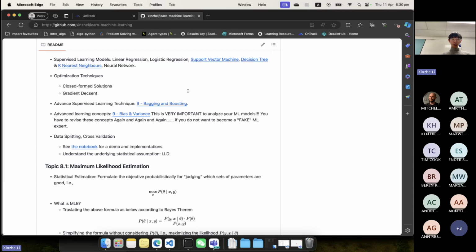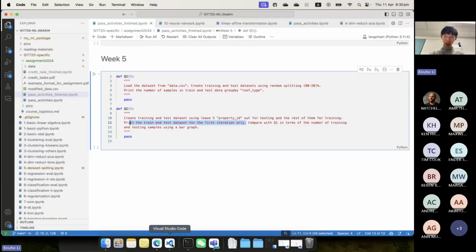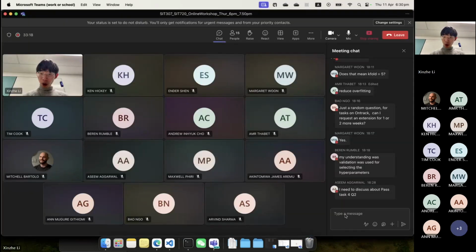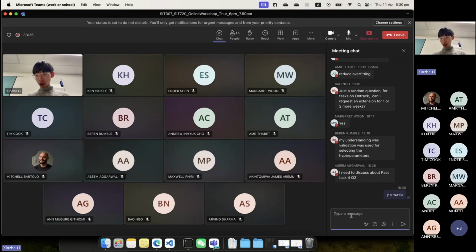What do I mean by function-based model? Assume in linear regression you have a function like y equals wx plus b. This is a function form, and this is a linear regression function. You may have another function, maybe y equals x squared plus x plus square root of x.